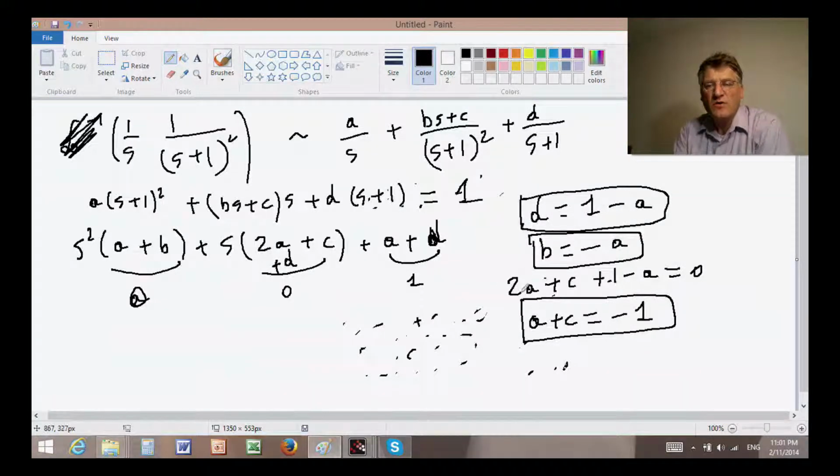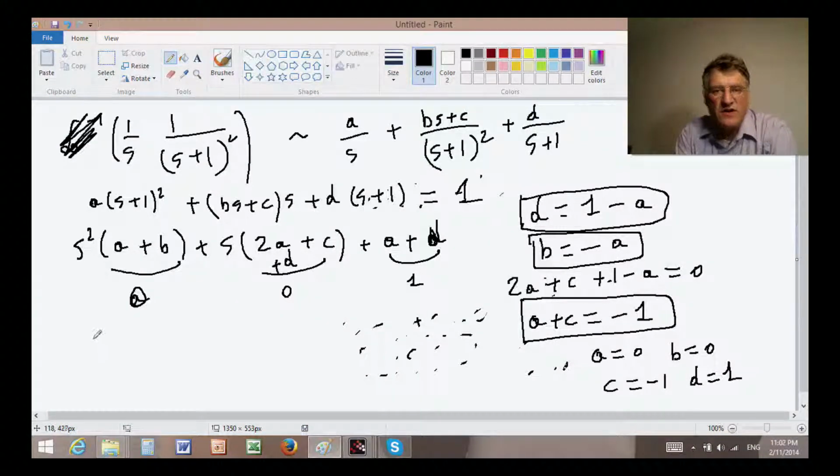This is underdetermined, meaning that we have too many parameters. So we decide arbitrarily that A is equal to 0, in which case B is equal to 0, C is equal to minus 1, and D is equal to 1.